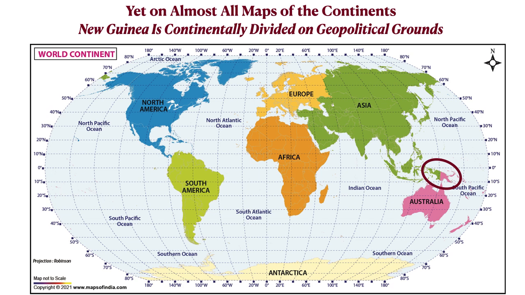Just do an image search of continents and you'll find the vast majority of maps are like this. All of Indonesia is considered part of Asia. And the eastern part of New Guinea, which is the core of the independent country of Papua New Guinea, which also includes some large islands like New Britain, New Ireland, and Bougainville, is usually considered part of Australia, or as it's sometimes called, Oceania, as a largely non-continental continent. So why is this?